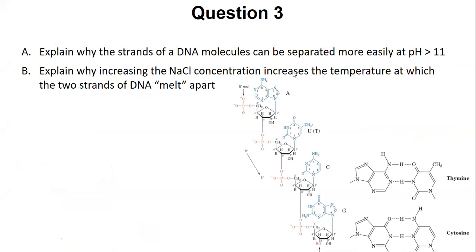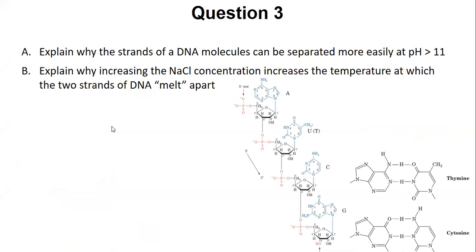All right. So we ended up talking about bases, DNA, how DNA is coming together, 5' to 3', how the phosphate connects to the sugar, how the sugar connects to the base, and all that good stuff.